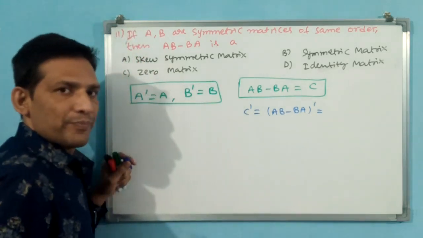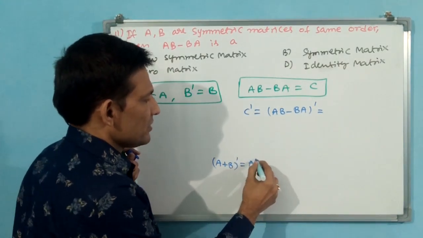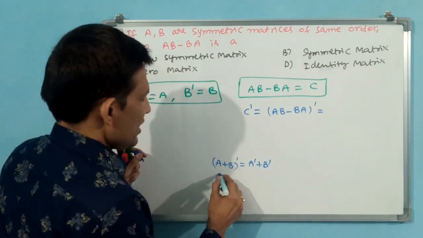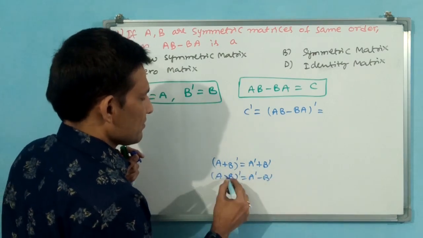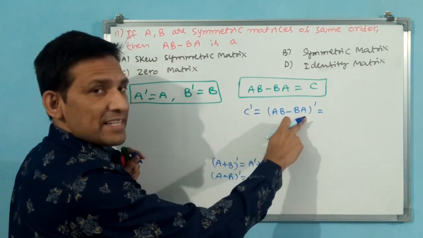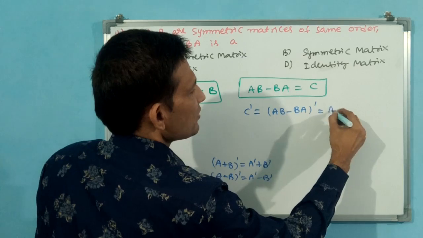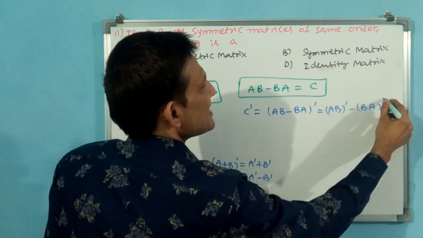We know one formula: A plus B whole transpose is equal to A transpose plus B transpose, and A minus B whole transpose is equal to A transpose minus B transpose. Now you take AB as A and BA as B. Then AB minus BA whole transpose is equal to AB transpose minus BA transpose.